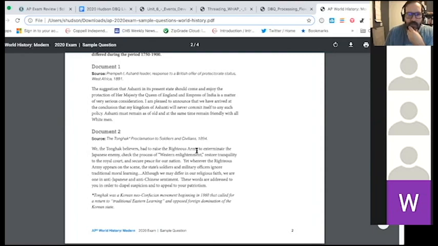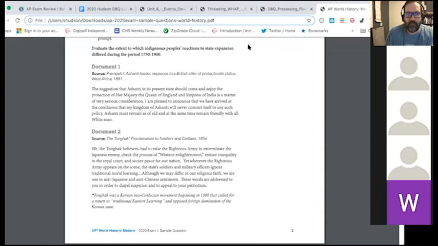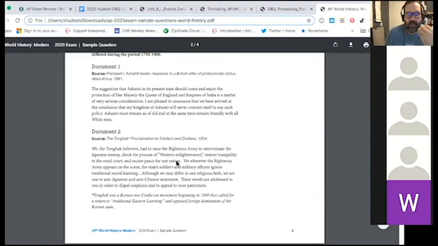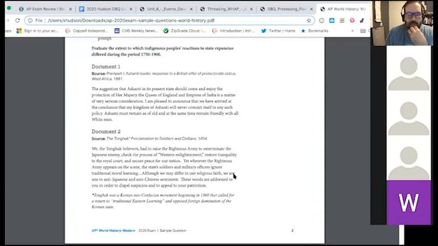We had to raise the righteous army to exterminate the Japanese enemy and do all this stuff, and yet the army, okay, so I think what they're kind of saying here is that they did raise the army to do this stuff, and it appears as though things have been kind of bad as a result of that.